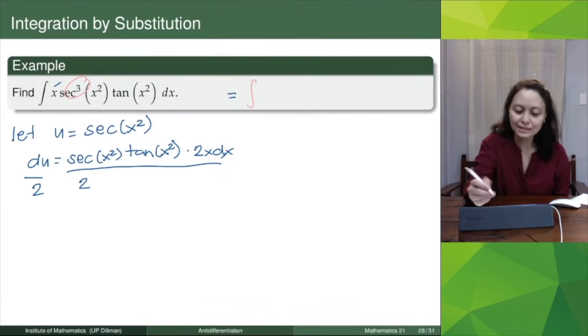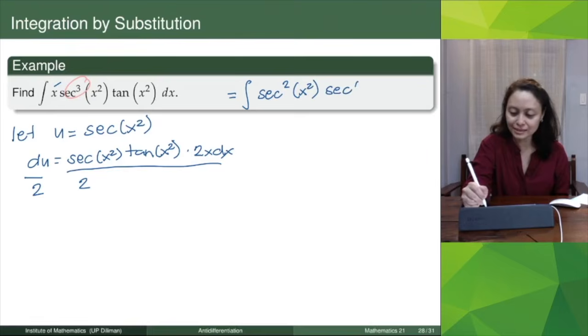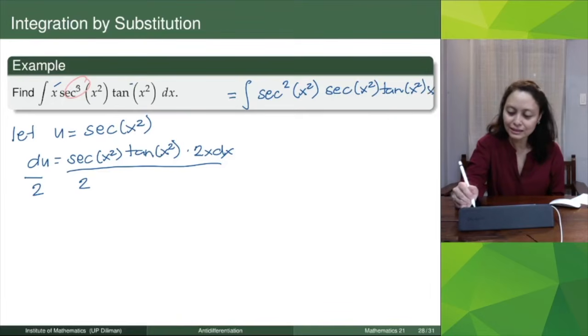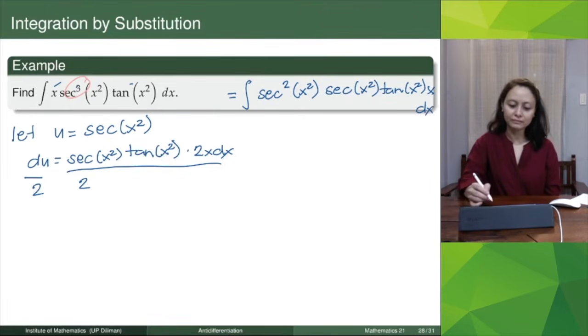So, we can write this as antiderivative of secant square x square. Andito yung isang secant. Secant of x square, tangent of x square. Okay? So, andito na yung secant cube, tangent, ito na lang, x dx. Okay? Yan, sige.